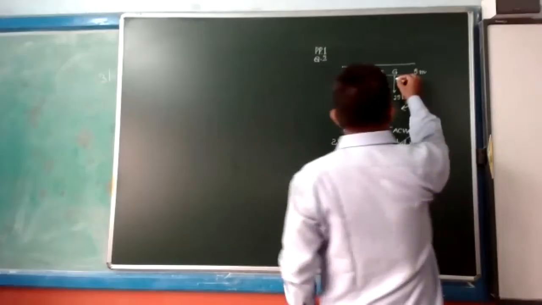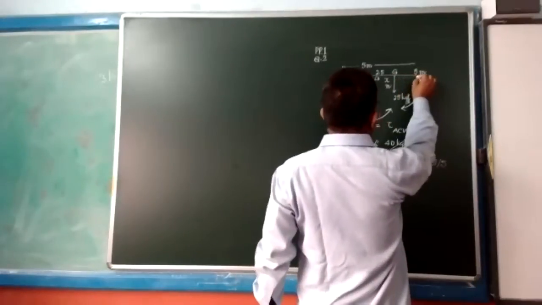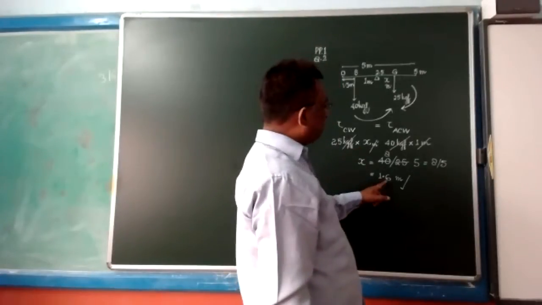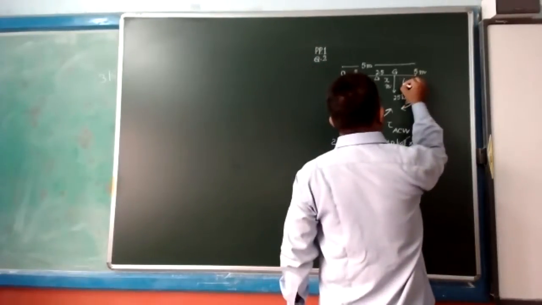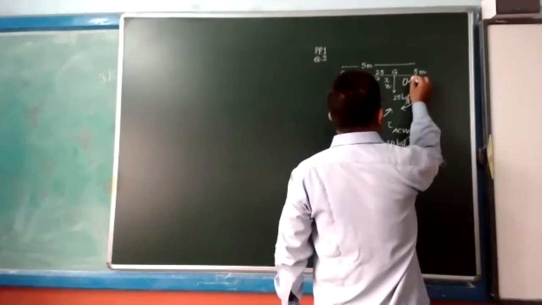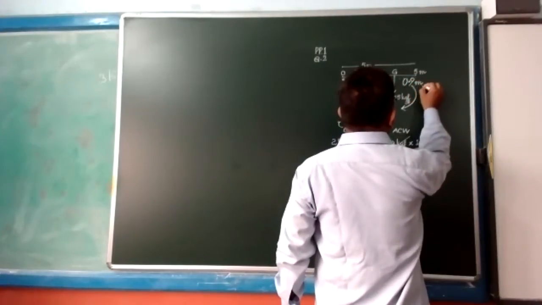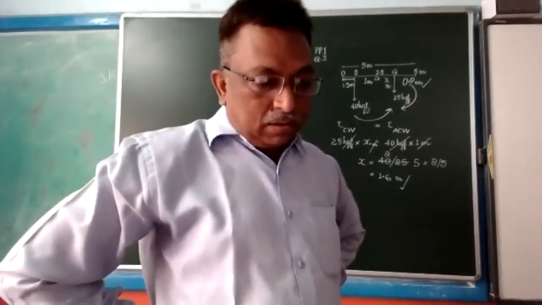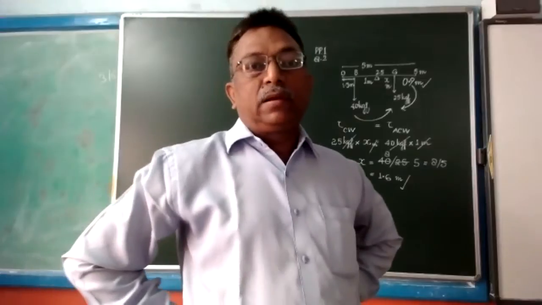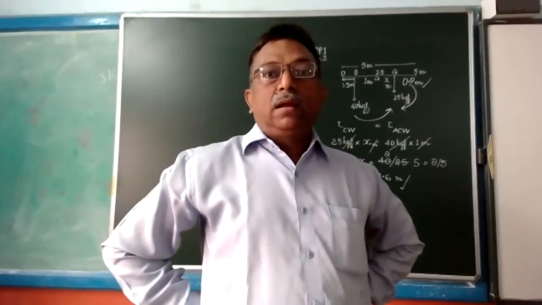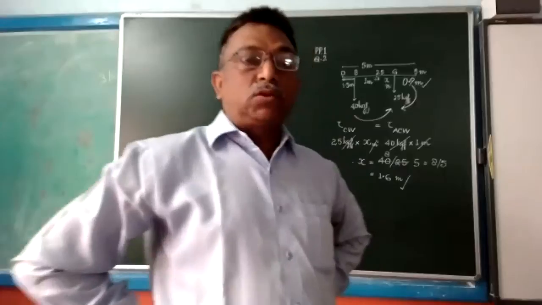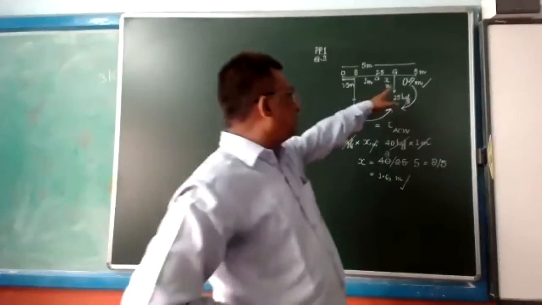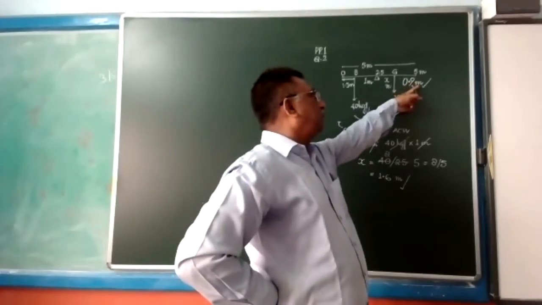Or what is this distance? Another answer, 2.5 minus 1.6. It means this distance is 0.9 meter. It is the way to write your answer. In the textbook, it is written that 0.9 meter. So the answer can be expressed in this form.